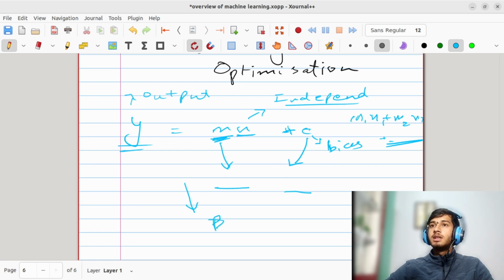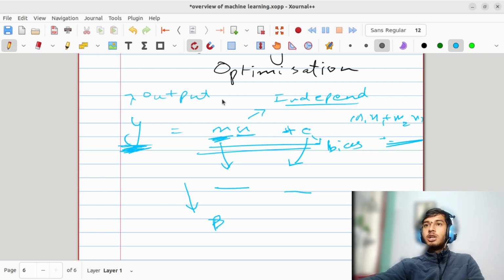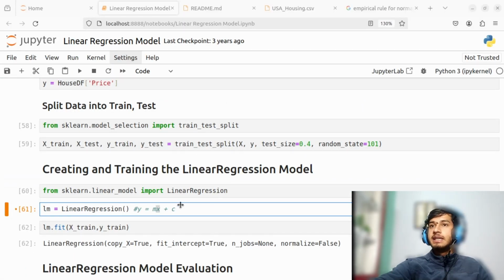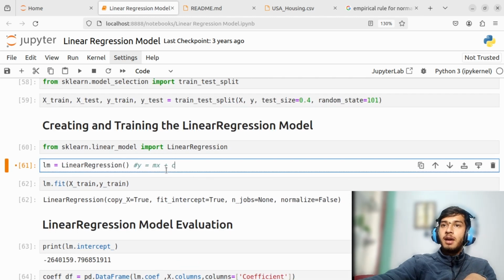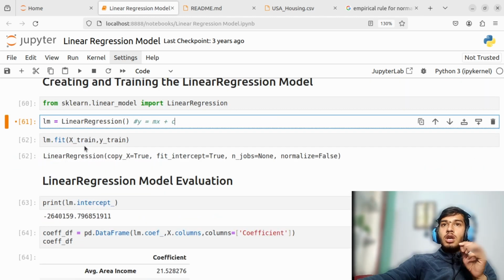Using this, you can find the value of y if you have the values of m and c. So our linear regression model has to find the values of m and c.